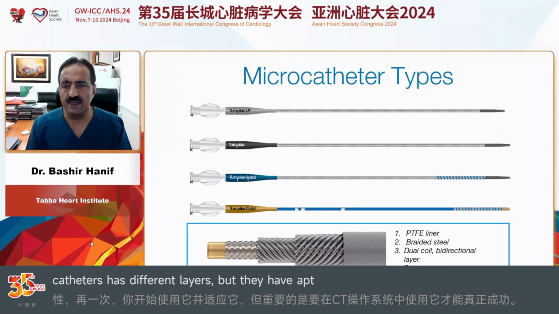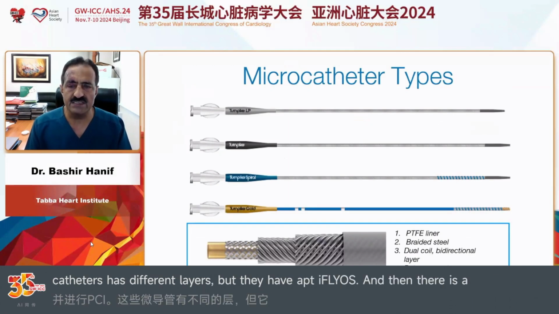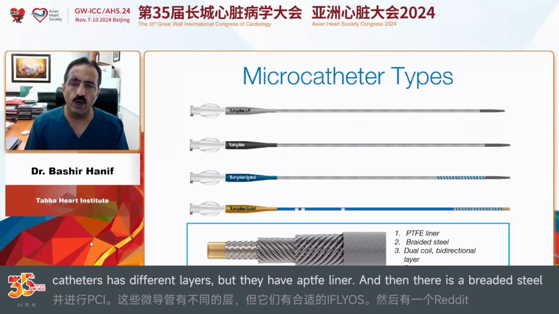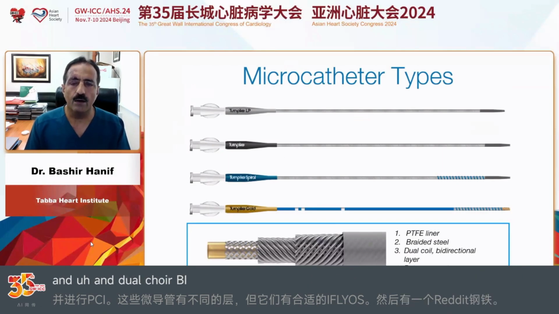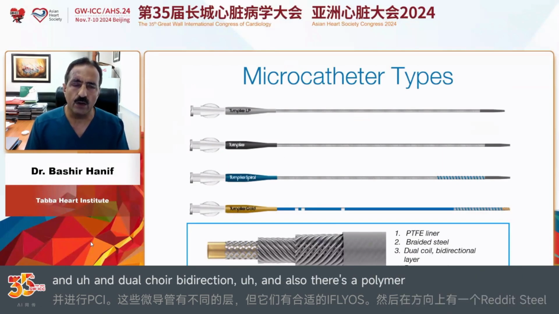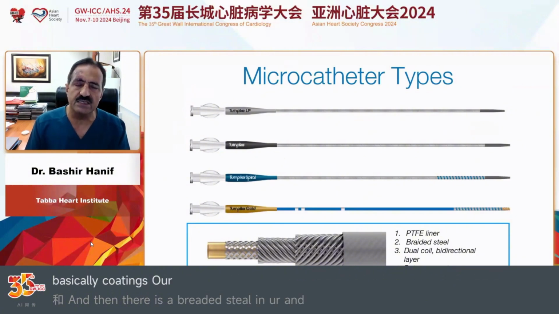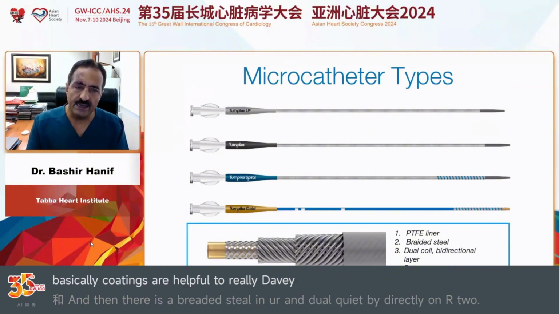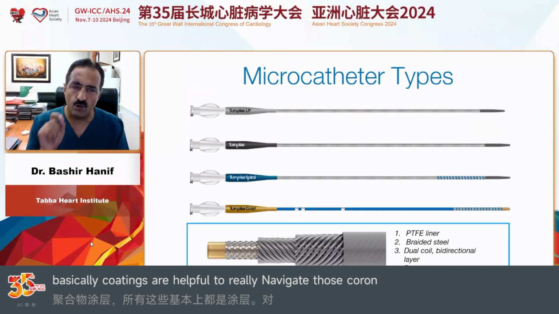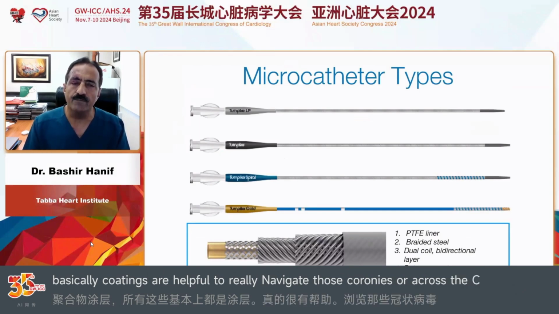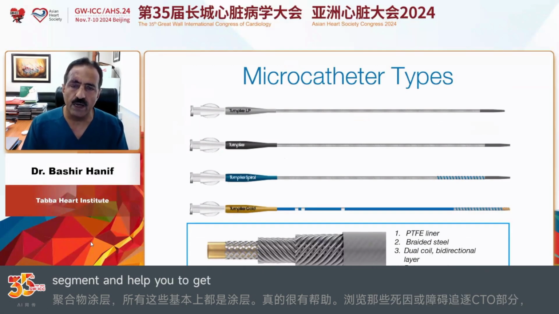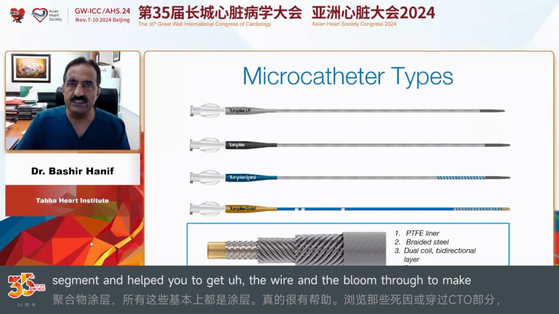They have a PTFE liner, and then there is braided steel and dual coil bidirectionally, and also there is a polymer coating. And all these coatings are helpful to navigate those coronaries or cross the CTO segment and help you to get the wire and the balloon through to make this CTO successful.